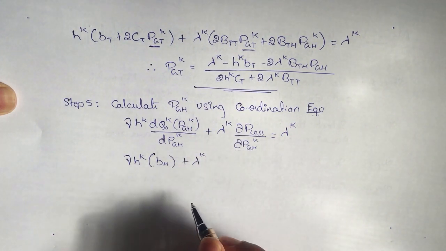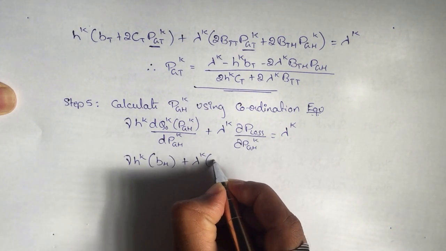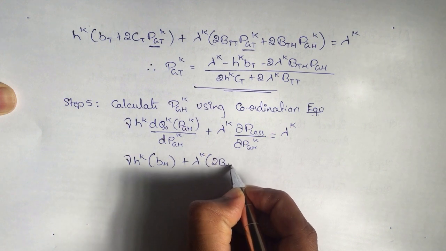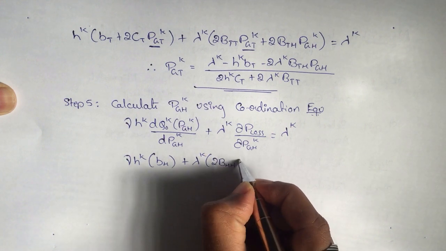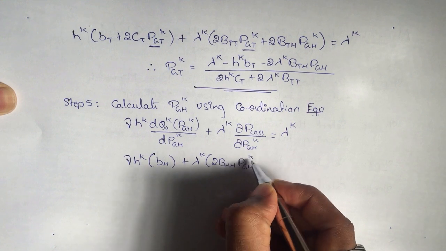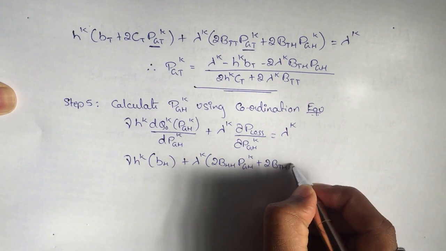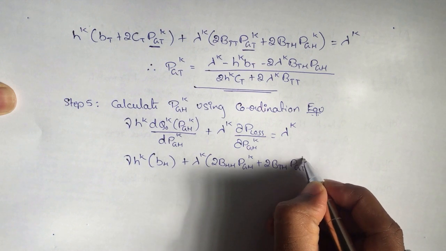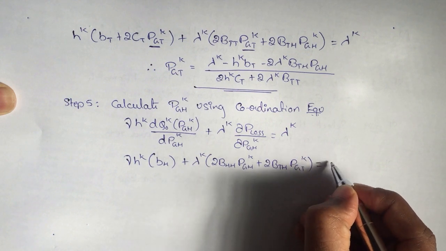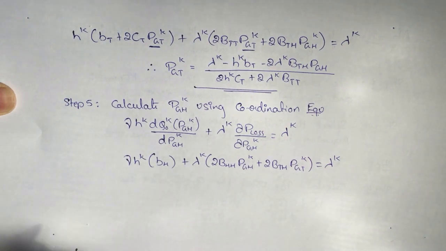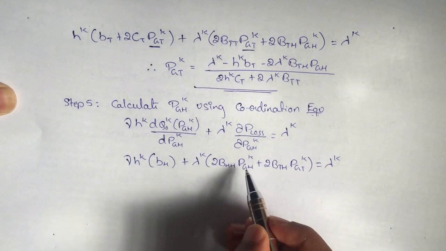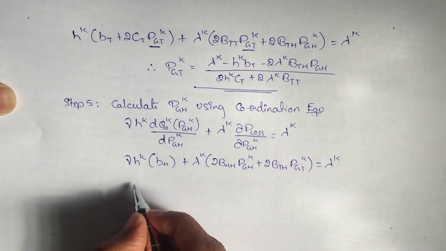Dou P loss by dou PGHK can be replaced by 2 BHH PGHK plus 2 BTH PGTK is equal to lambda k. And from this equation we are going to solve for PGHK.